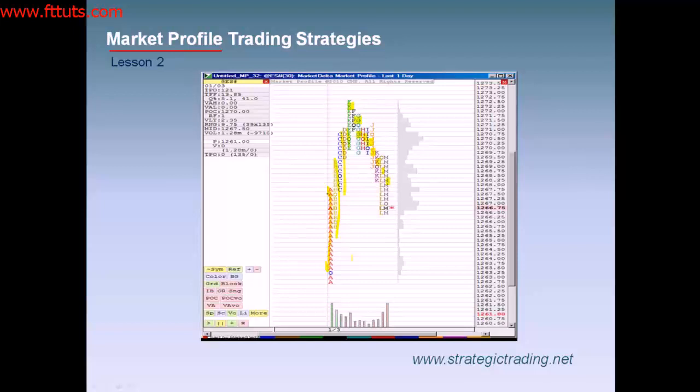Now, when we spread them out apart like that, you can really see the range for each TPO, and you can see, for instance, here's where the market opened for range A, or the first 30-minute, and here's where the market opened. You see that little O there for the second 30 minutes.